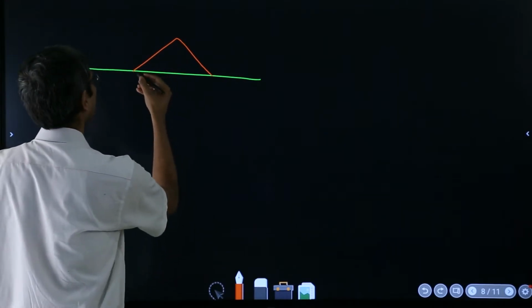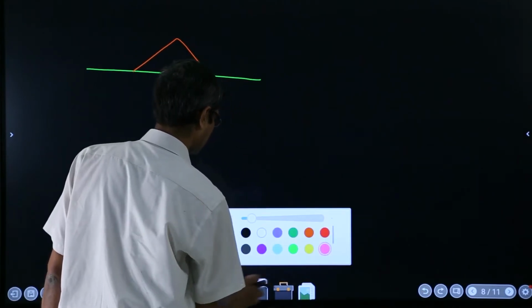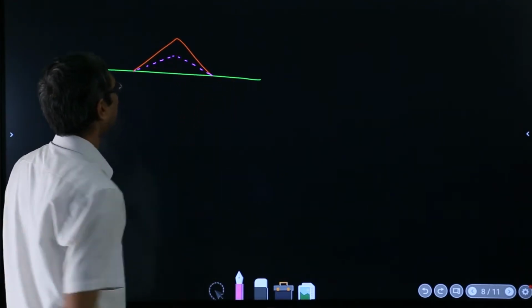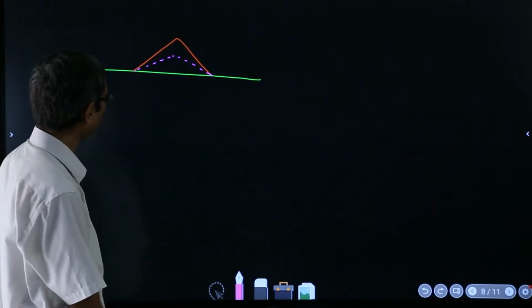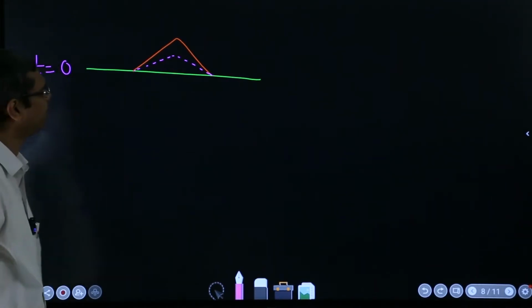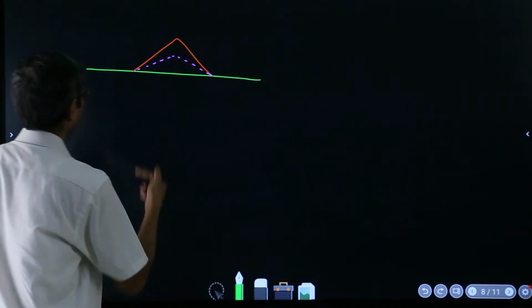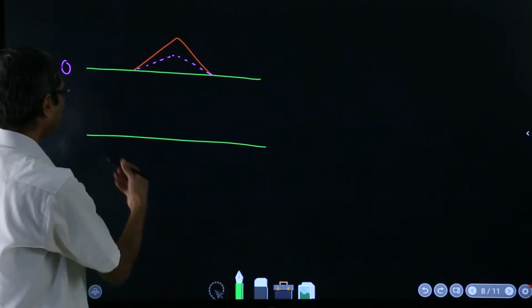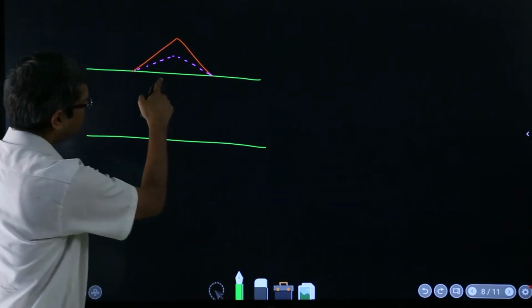So you can think that half of this maybe looks something like this. This is not exactly half, but assume that this height is half of this. Now, this is at say t is equal to 0. Then if you go to some t equal to t prime, or 1 second, just assume that after 1 second, one of these waves moves.